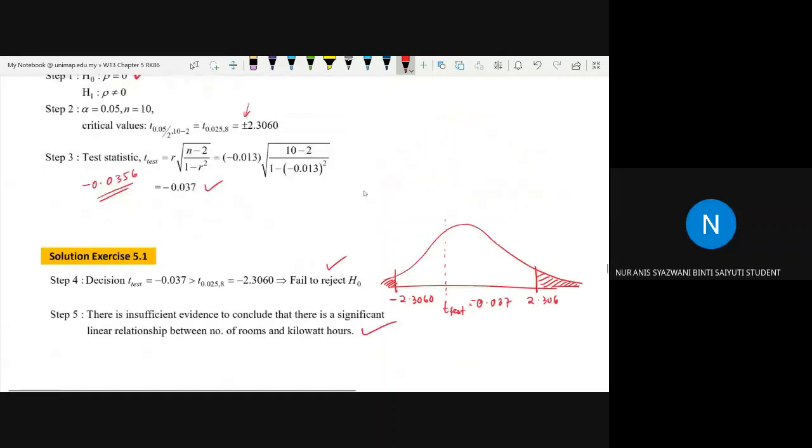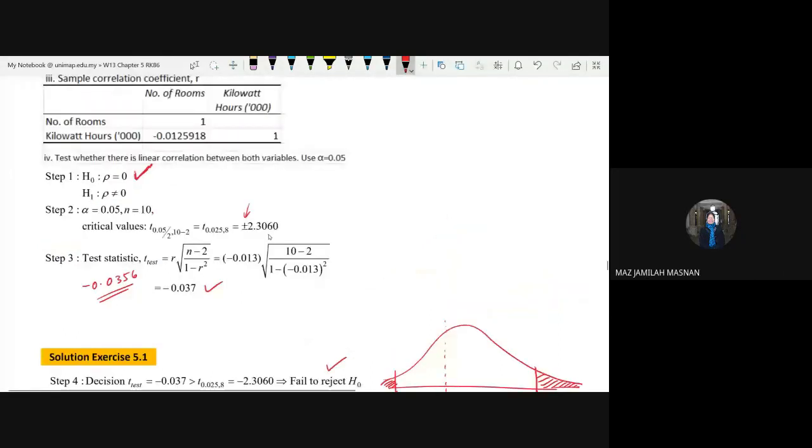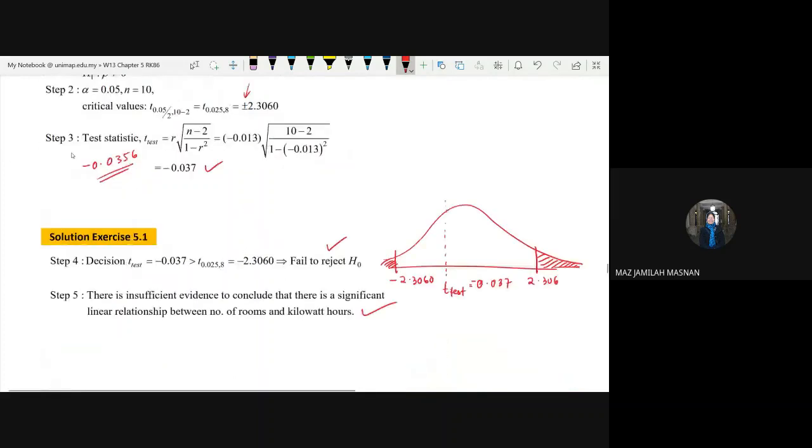Is it the same if we say it has weak linear relationship and no linear relationship? Can also. If you go back to your textbook, put it as linear correlation. I think I missed out the linear correlation.